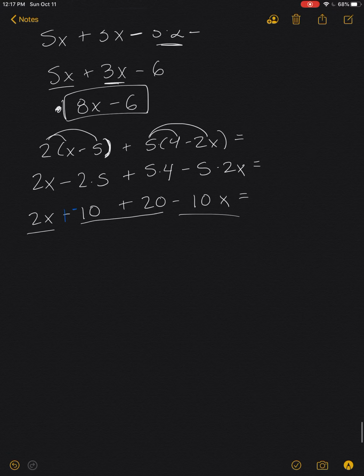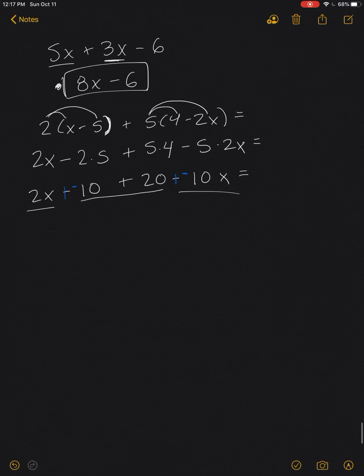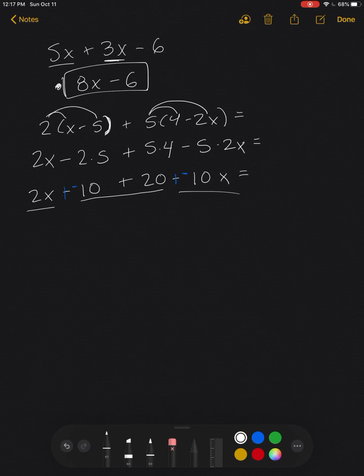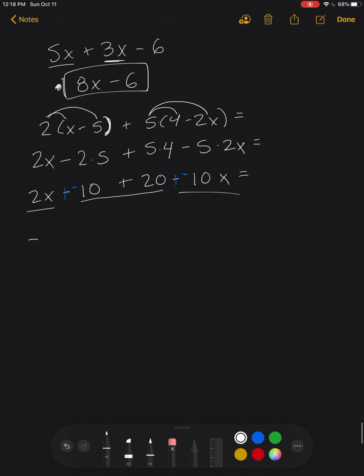And if you remember, subtraction is the same thing as adding the opposite. So I can change all the subtractions in a problem to addition. And when I do that, now I have a completely all addition problem, and I can write this in any order I want. So it's negative 10 plus 20 plus 2x plus negative 10x.